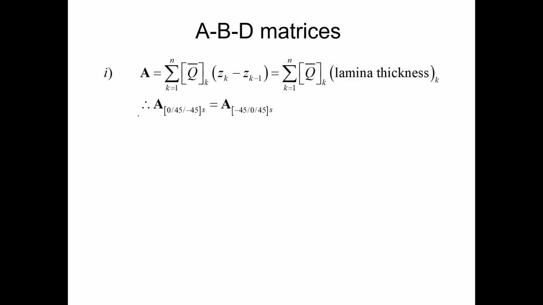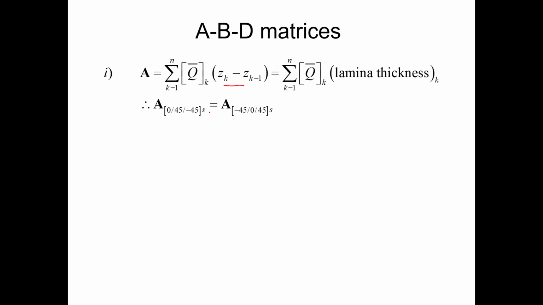Now we can look at the individual terms here. A can be written as the sigma of all of them together, and as you can imagine, this term is essentially the laminar thickness of each layer.